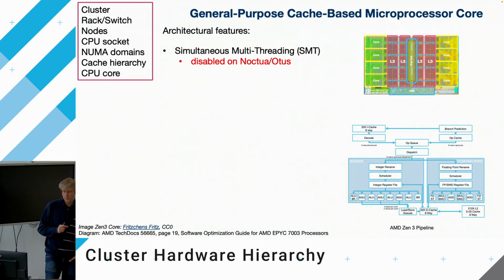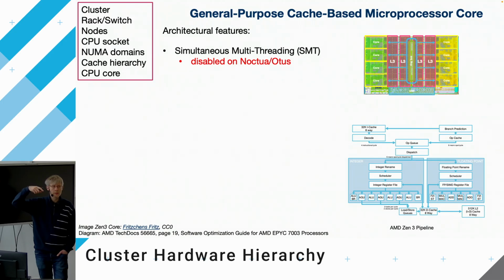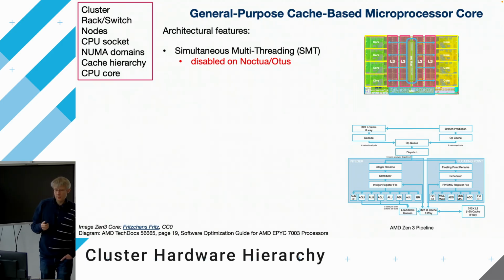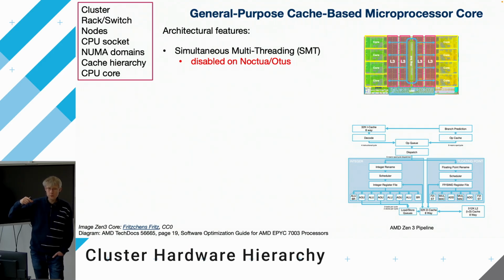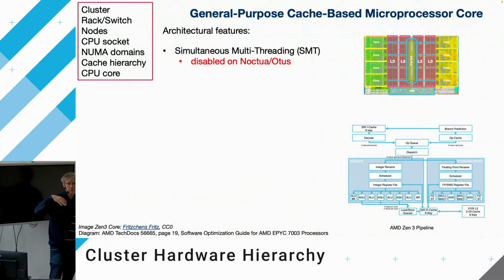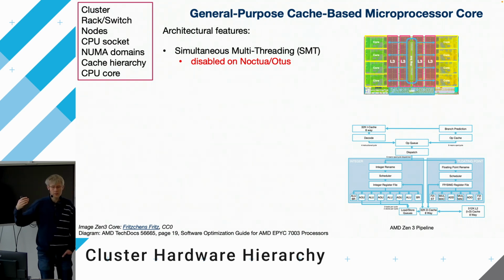Now there are some more architectural features that I just want to mention and not go into much detail. We have simultaneous multi-threading, which means that one core can execute instructions from multiple threads at the same time, but this is disabled on Noctua and Otus. This often helps with less optimized programs or daemon programs that run in the background of your operating system, and it helps with saving energy, for example, on notebooks.